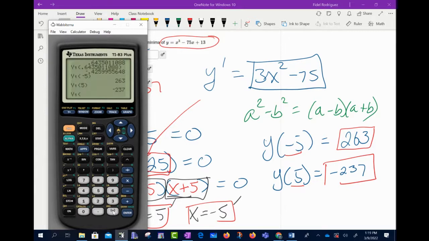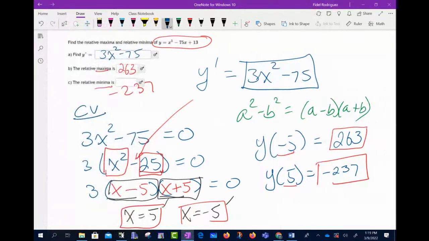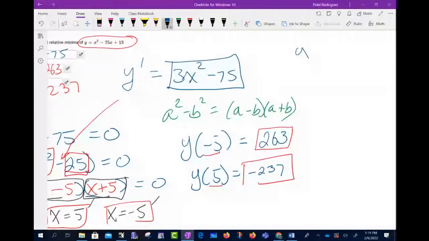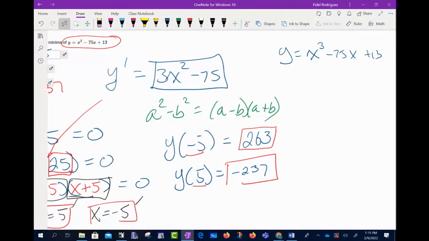Are we good, Steve? At -5, still coming up with 263. You know what? Let me do it by hand just to make sure that we're good. So y equals x to the third minus 75x plus 13. If I go -5, that's -5 to the third minus 75 times -5 plus 13.